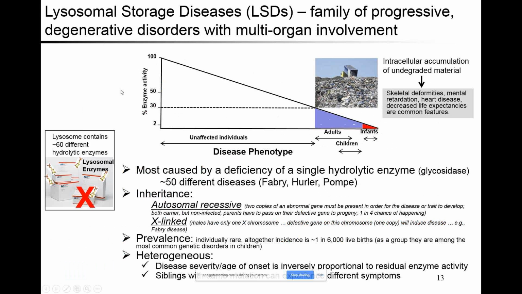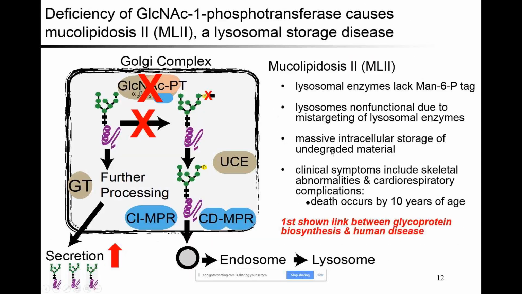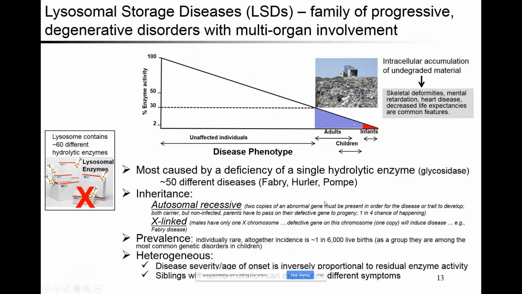There are about 70 or so lysosomal storage diseases, and about 50 of them affect a particular hydrolytic enzyme. The previous one I showed you, mucolipidosis 2, affects the tag that's put on the enzyme. Most of the other types are defective in a single hydrolytic enzyme.